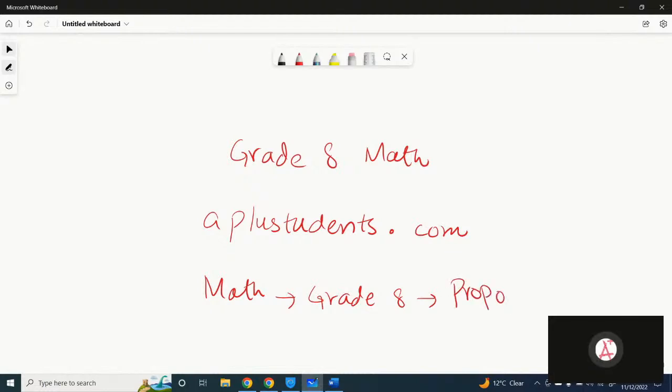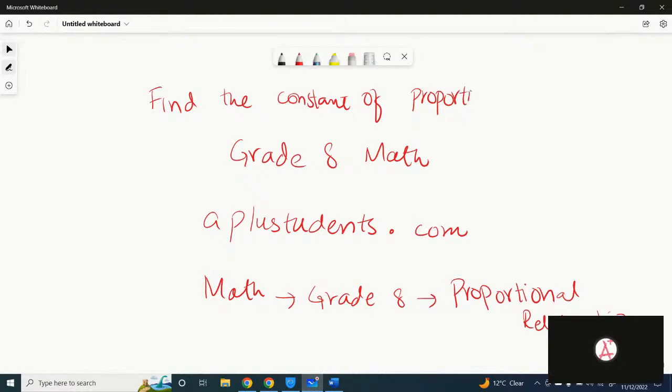So we are actually already working on the chapter that is proportional relationships. The lesson we're going to start with is find the constant of proportionality word problems.